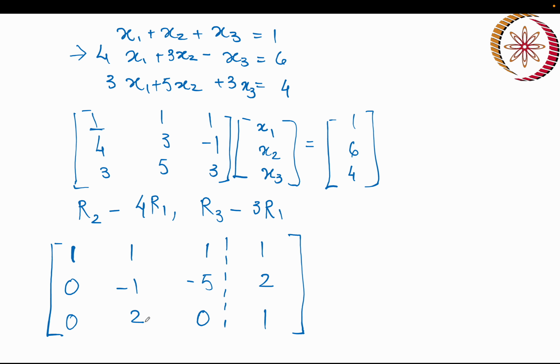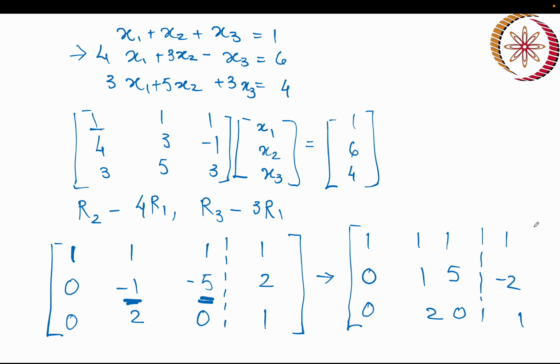Now there are negative signs here, so we'll just multiply this equation by minus 1. The matrix is 1 1 1 1, then 0 1 5 minus 2, then 0 2 0 1.